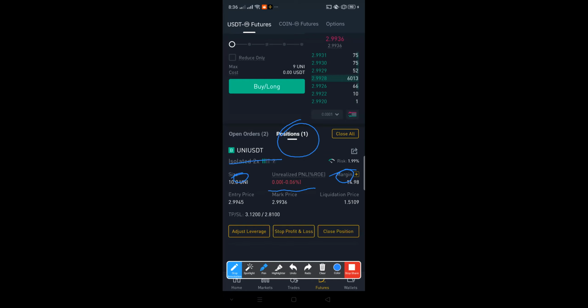The price has dropped at 0.06% against us. And from the entry price, we enter at 2.9945, which is the entry price. This is the market price, which is 2.948. Now is above our entry price. You see now that the unrealized profit and loss is already in green. And it's telling us we are already at a profit of 0.03.